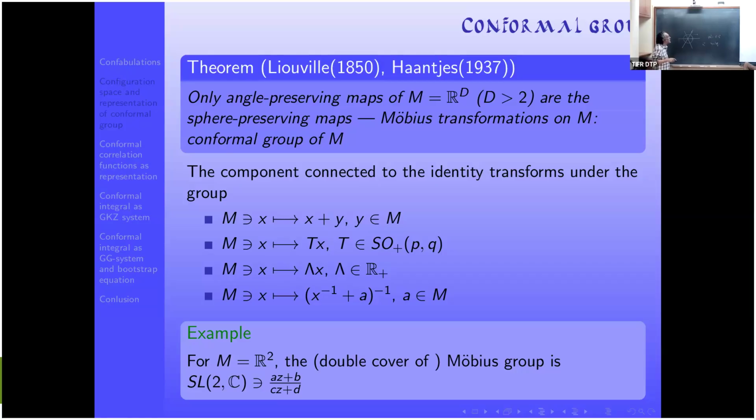The components connected to the identity in this group are the translations, X goes to X plus Y for all Y, orthogonal groups, rotations of these X's, scaling for non-zero, and as Abhijit said, only positive real numbers here. And this is what is called a special conformal transformation.